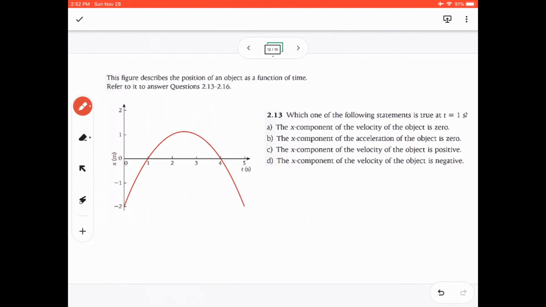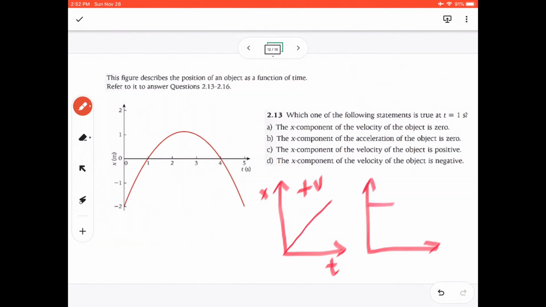Three things that you need to know about a position-time graph, x versus t. If this is your line, this is positive velocity. If you have this graph, it means that velocity is equal to 0.